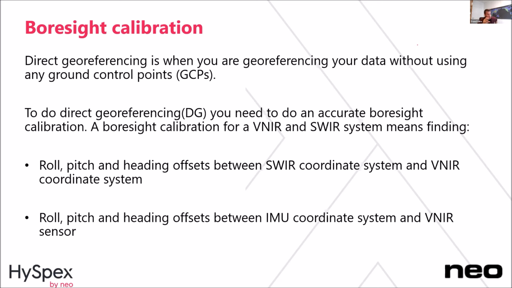If you have those offsets, you can correct for this displacement in the INS data, which is very important. Or else, if you fly at 1,000 meters, you can be 30 meters off just because you don't have the boresight angles, or even more, depending on how badly you have mounted it relative to the IMU.